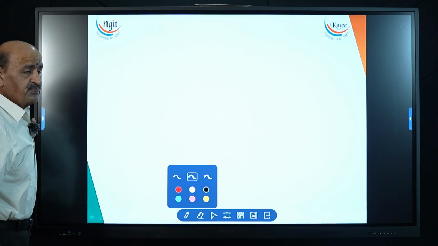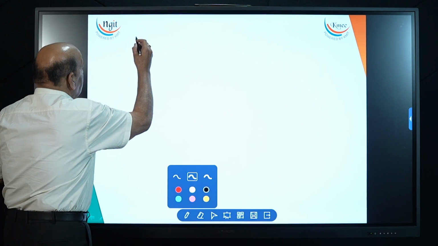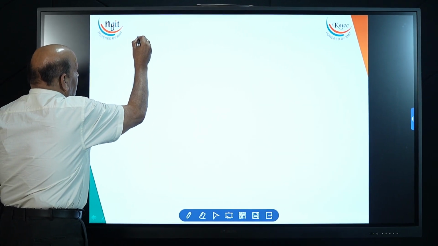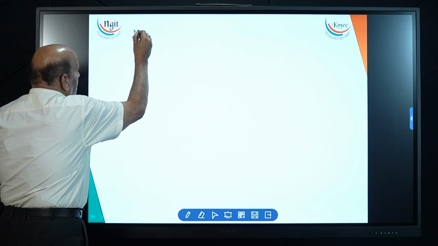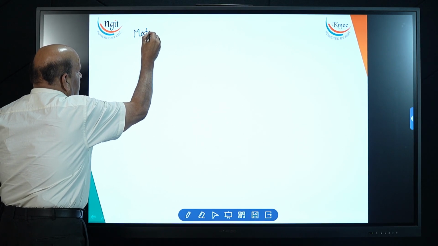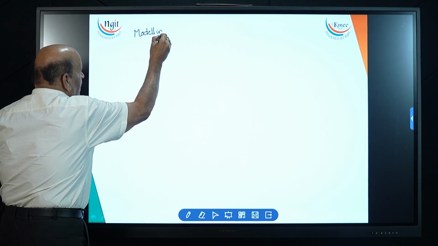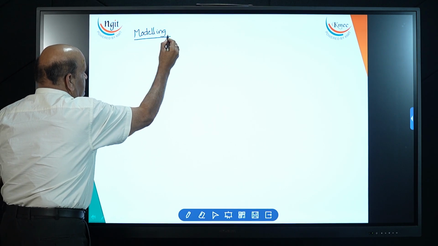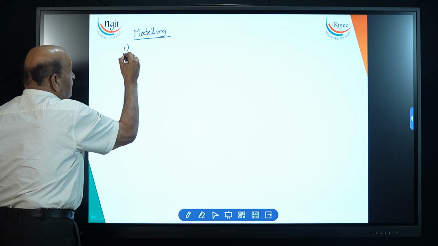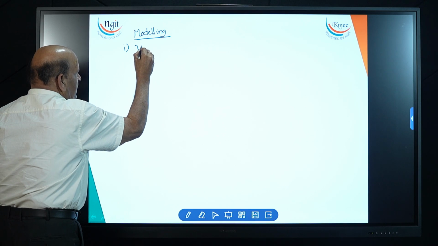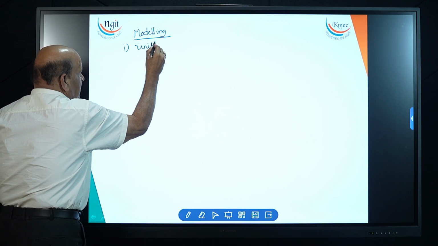Let us start. In the topic of modeling of signals, we are going to discuss three important functions. One is unit step function.